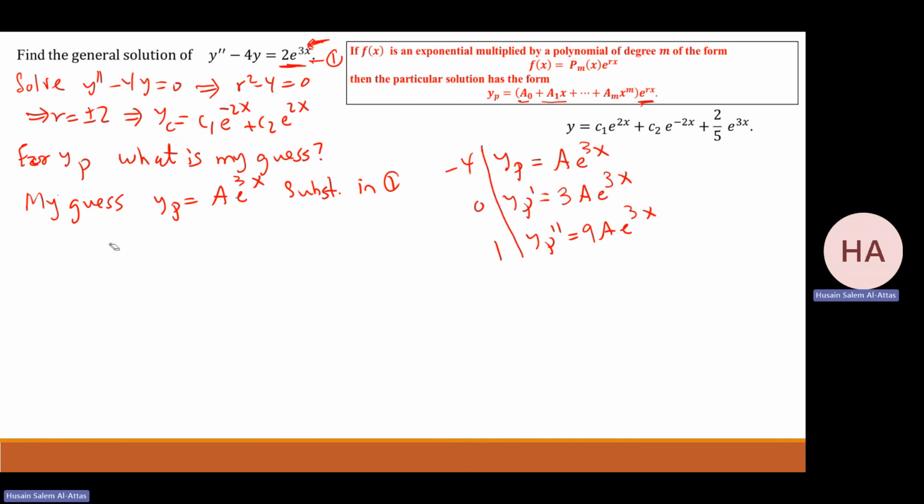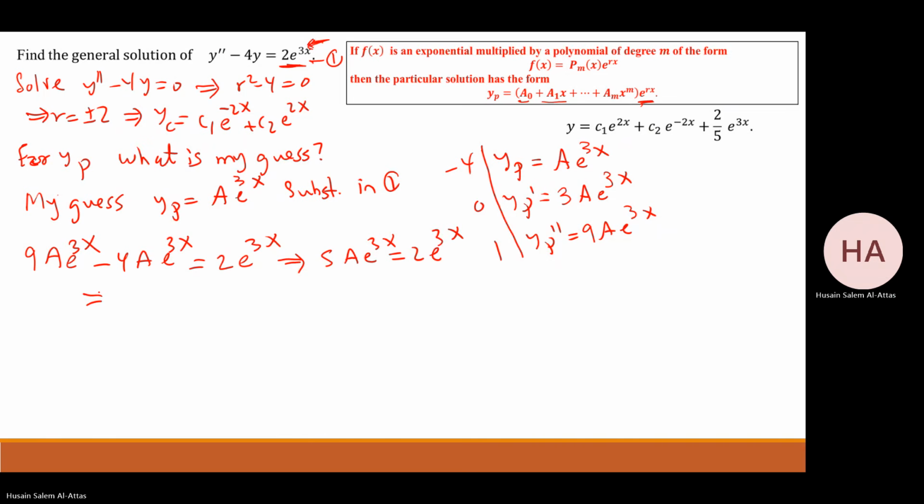Sorry. So that gives me 9a e3x minus 4a e3x. That should equal to what? 2e3x. In other words, I have 5a e3x equal to 2e3x. So for sure I have 5a is equal to 2.